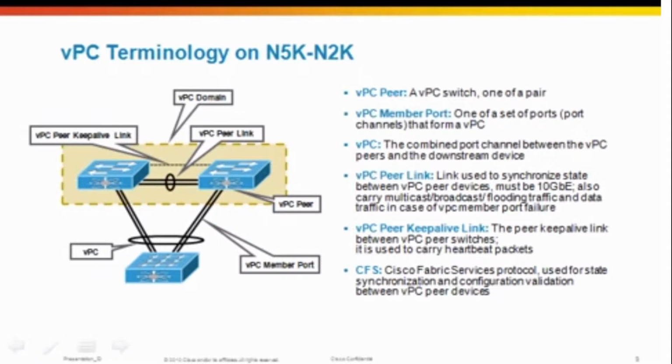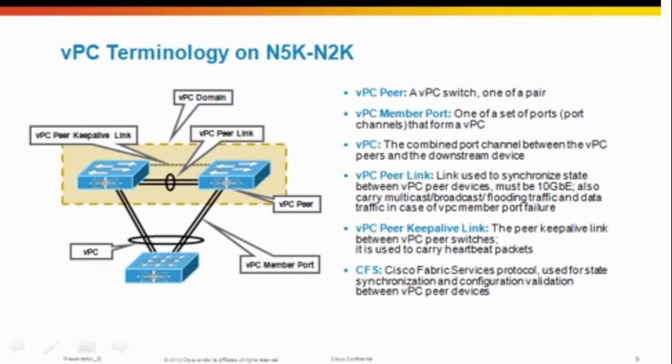The peer keepalive link is used between the VPC peer switches. It carries a heartbeat, and it makes sure that the other switch is alive. Finally, CFS stands for Cisco Fabric Services protocol, and this is used for state synchronization and configuration validation between the VPC peer devices.